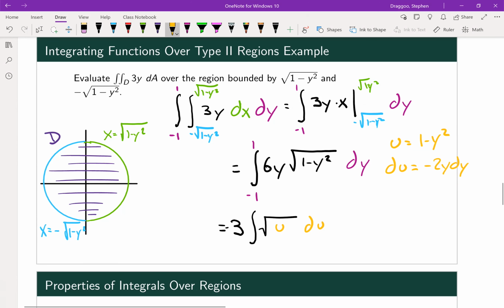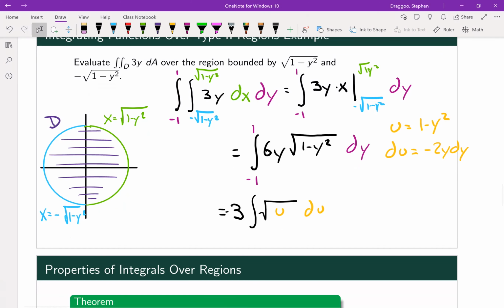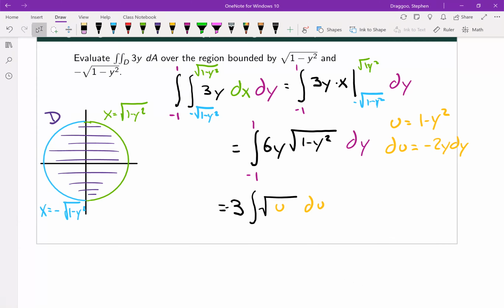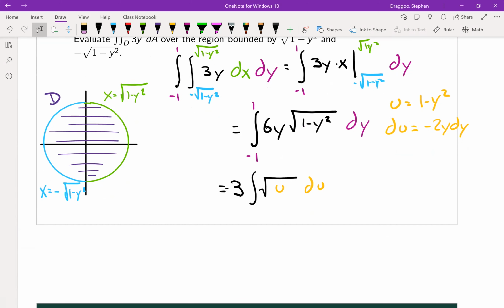It looks like we might want to give ourselves a bit more space for this example as well. So putting all that together, we'll have -3 times, if we integrate u to the 1/2, we'll get u to the 3/2 divided by 3/2. So times 2/3. And let's go ahead and plug in what we know for u again, which is 1 minus y squared.